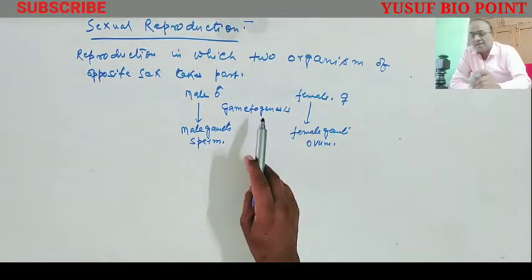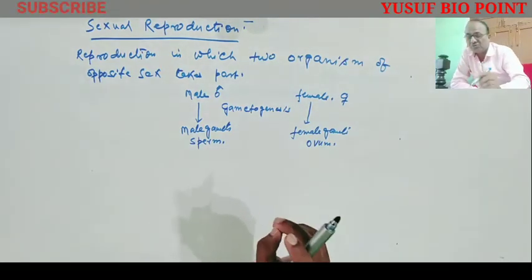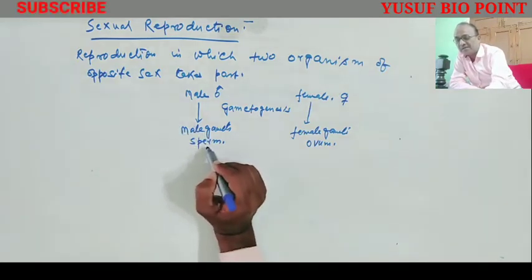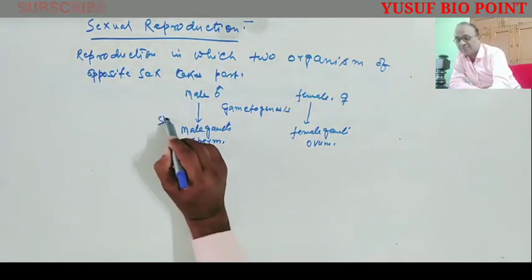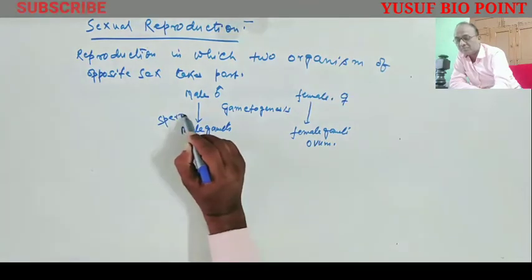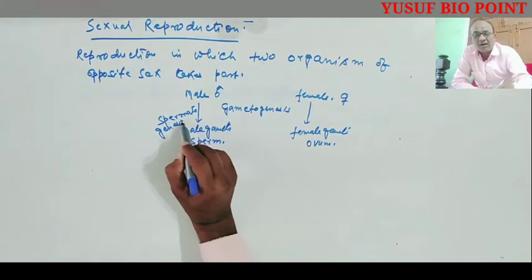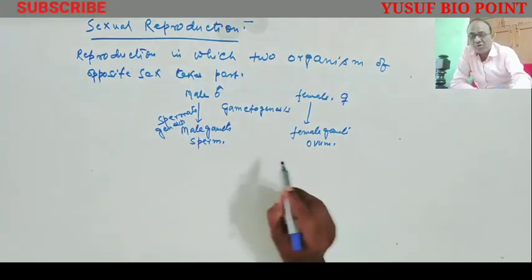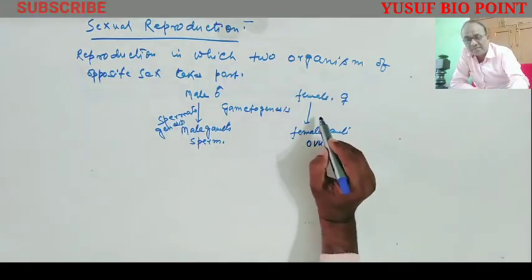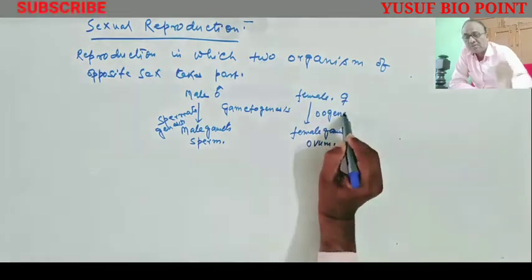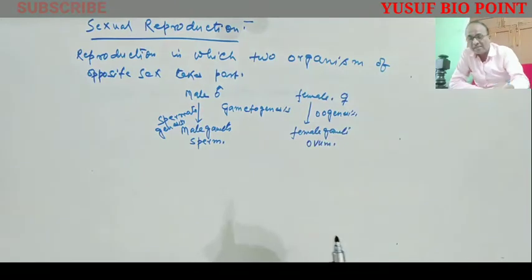But a special name is also used for the formation of sperm, that is spermatogenesis, while for the formation of ovum, the name given is oogenesis.